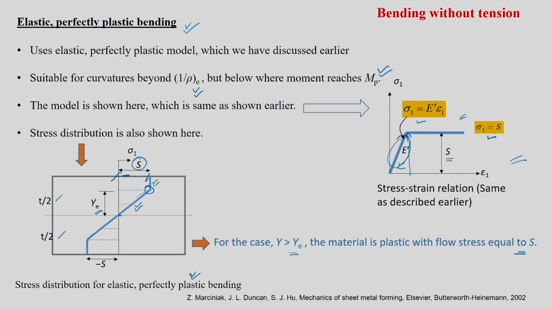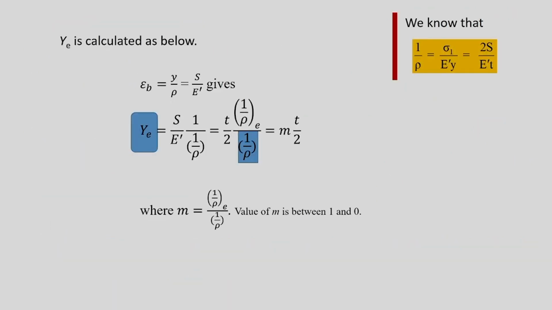So now we can calculate this YE, because this transition is going to be important. In the previous two cases, elastic and rigid perfectly plastic, there is no such transition, but here this transition YE happens. This YE can be calculated from simple equations which you already know. We know that epsilon B is nothing but ln of 1 plus y by rho. In this case only epsilon B exists, and 1 plus y by rho is approximately equal to y by rho.